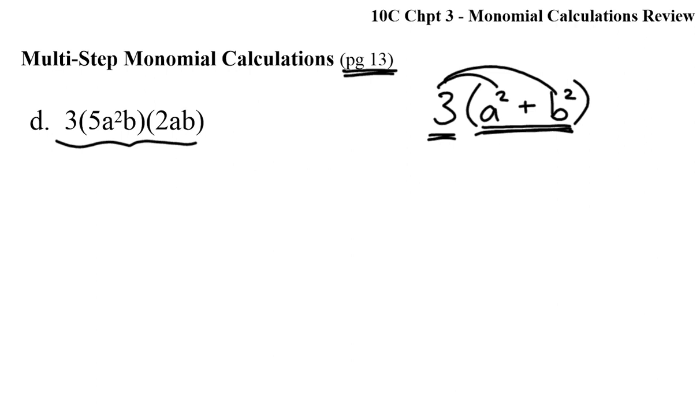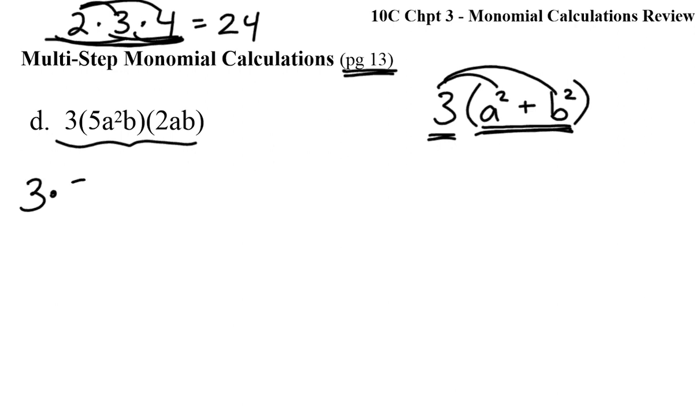It's kind of like if I had 2 times 3 times 4. 2 times 3 is 6. 6 times 4 is 24. We don't do 2 times 3, 2 times 4, and then multiply that. It's just multiply everything at once. So this, multiply the coefficients. 3 times 5 times 2.